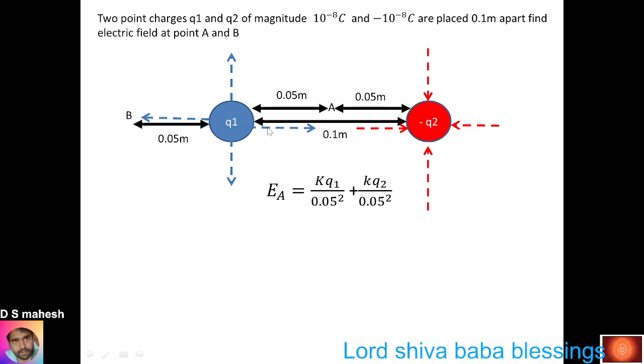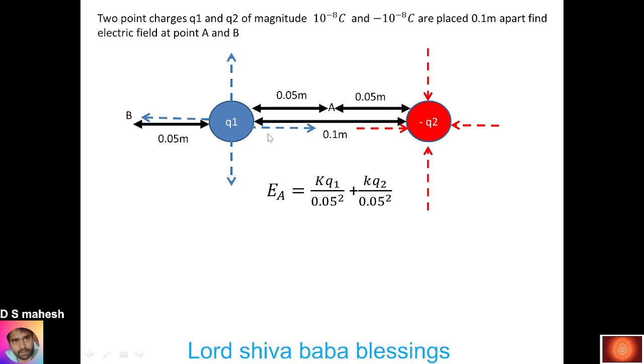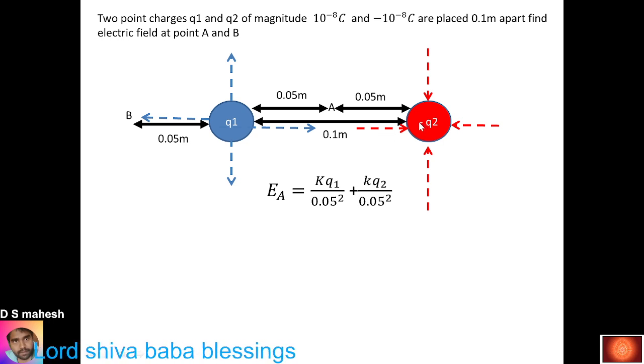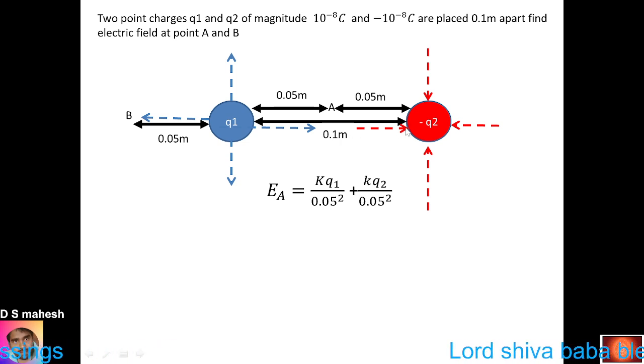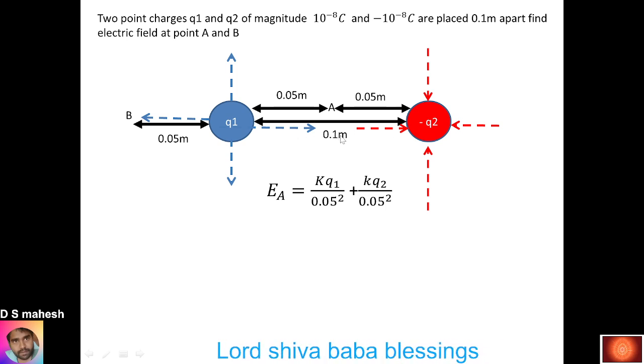Just look at the arrow, it is pointing towards the right. The arrow due to Q1 is pointing towards the right, that is moving outwards. And the red arrow is also pointing towards the right. Since this is a negative charge, the electric field has to be inverse. So both the arrows are pointing towards the right side.